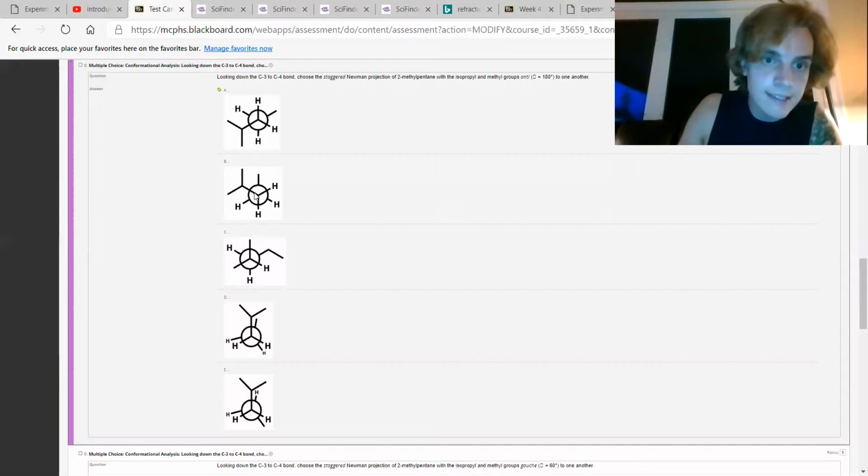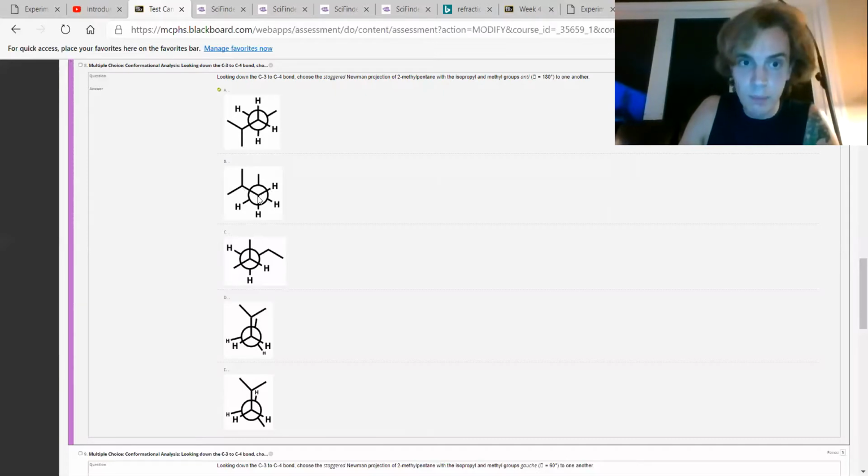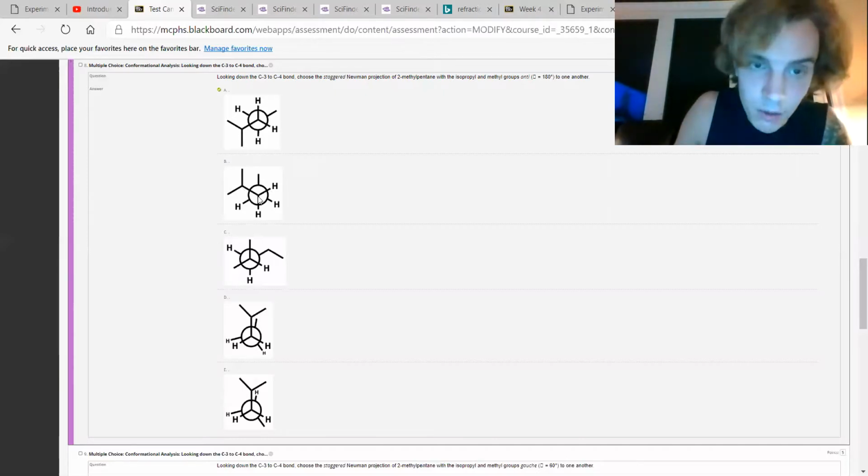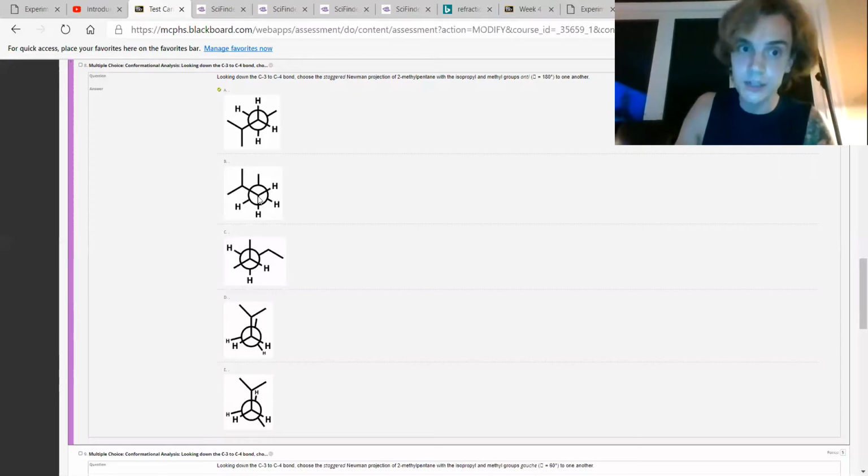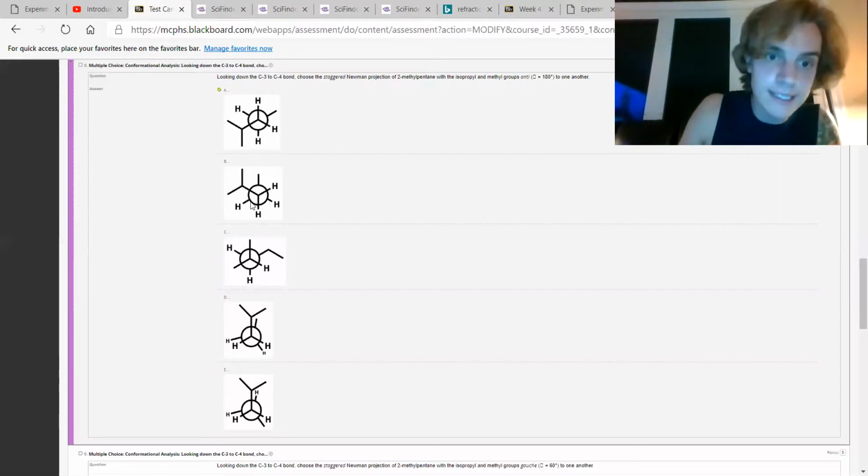So the 3 points sticking out of the circle represent the carbon in the middle, which is closer to you. The 3 points stemming from the circle itself are each combined to 1 carbon.